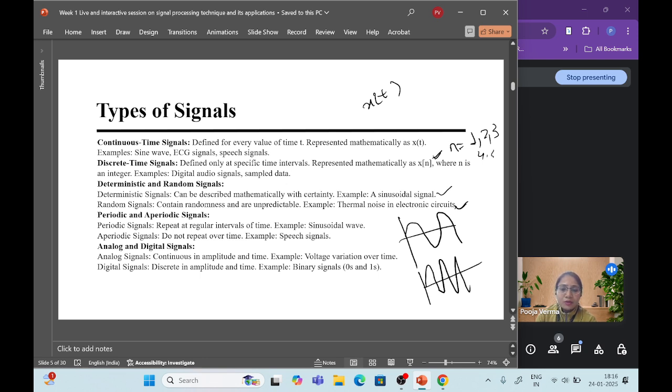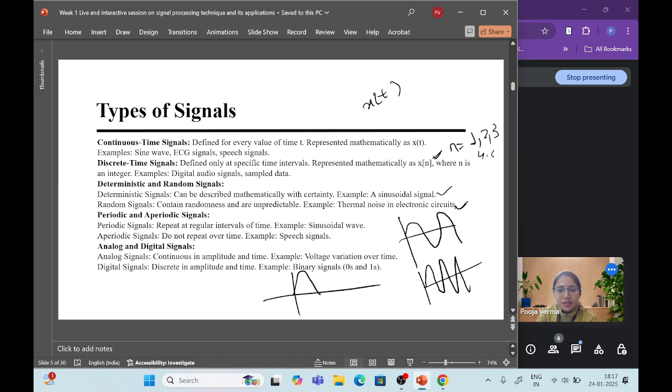An aperiodic signal does not repeat over time. For example, this signal cannot complete the overall cycle, so it is an aperiodic signal. Another example is a speech signal. Whatever we are speaking is not repeating over time. It is an uncertain situation.